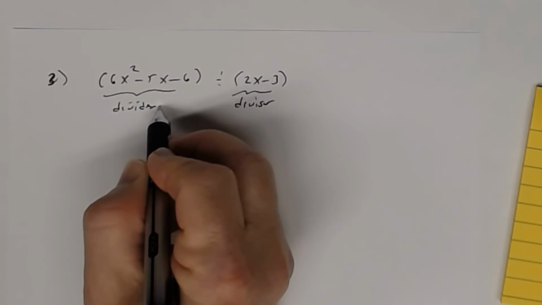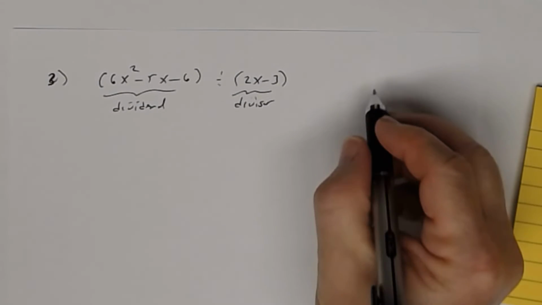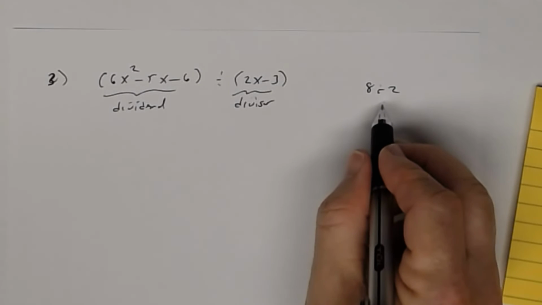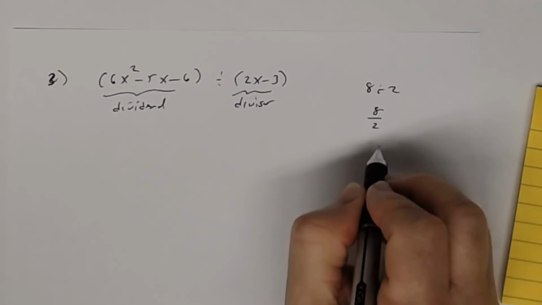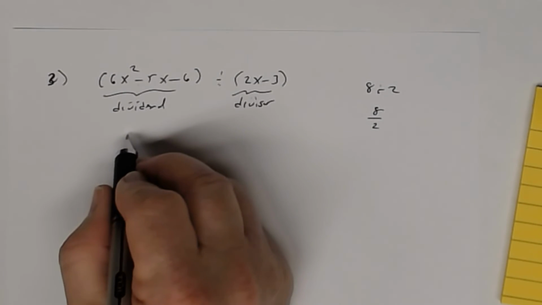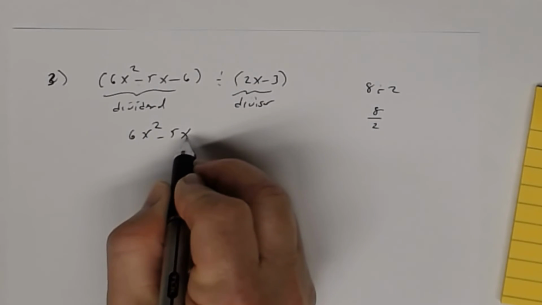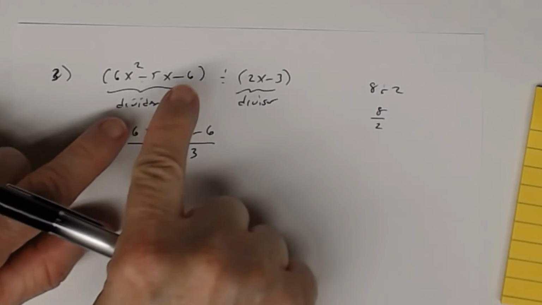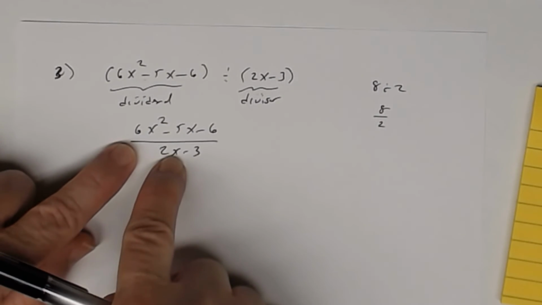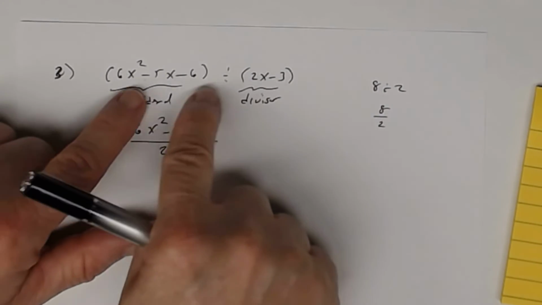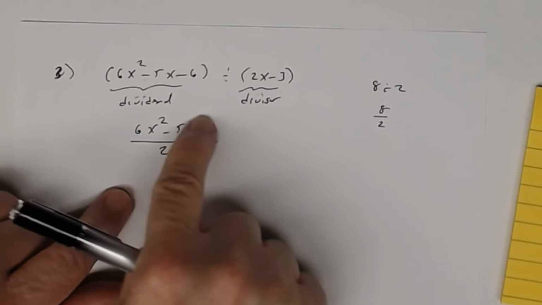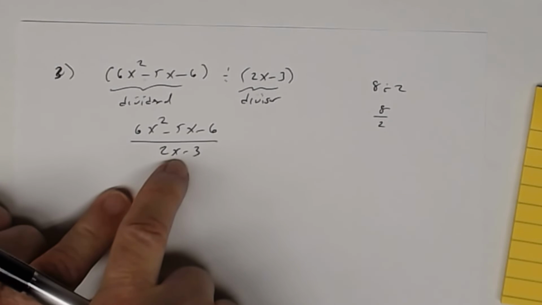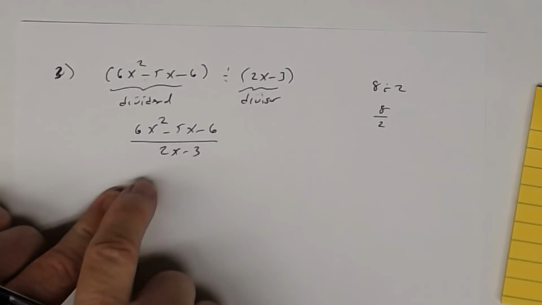But I just want to remind you, if I said 8 divided by 2, it means 8 divided by 2, right? So this divided by this means 6x squared minus 5x minus 6 divided by 2x minus 3. Sometimes you'll see this and sometimes you'll see this. Just know that they mean the same thing. So this expression is equivalent to this expression. So this is your divisor and this is your dividend.